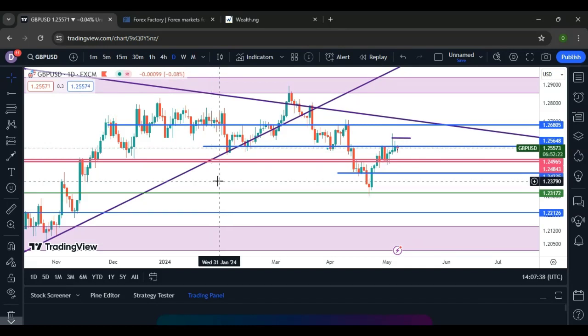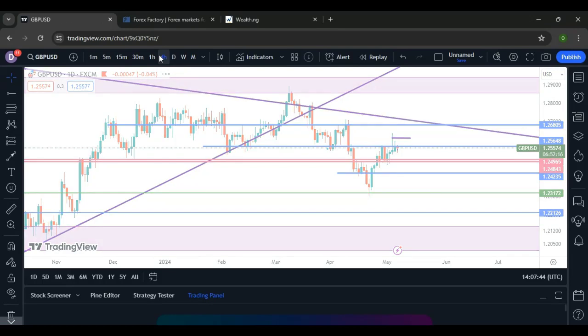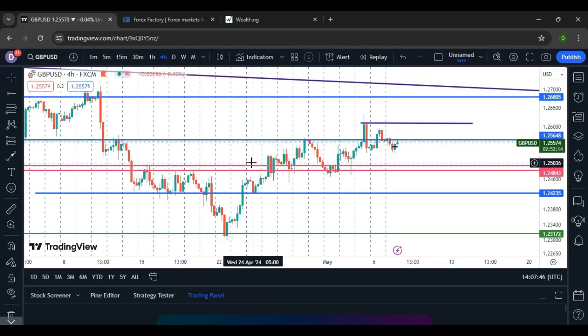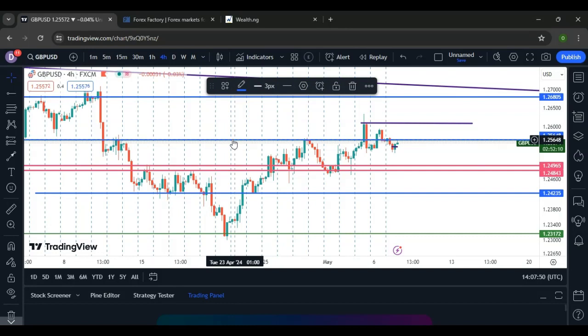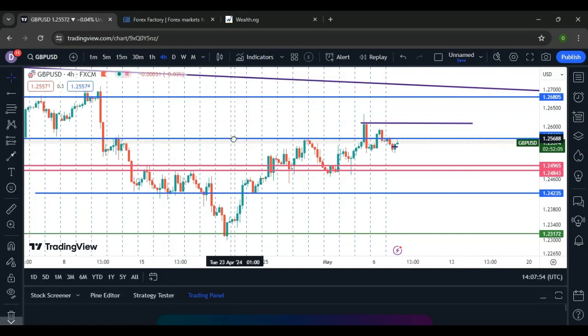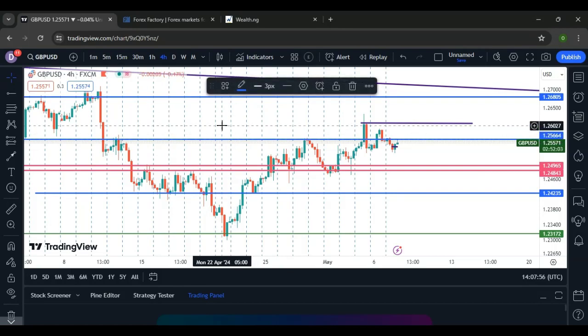And another thing we should understand is that the time frame you're looking at also matters. It depends on the time frame you are watching for your breakout.